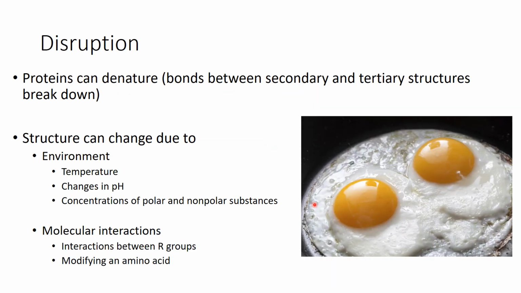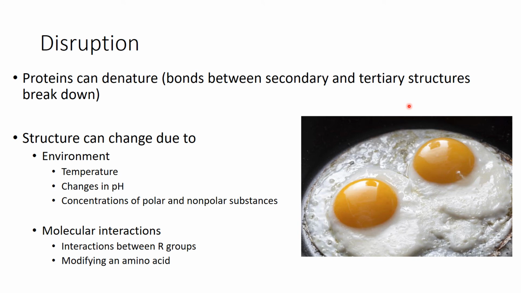Our last slide talks about what happens when the protein unfolds. When a protein unfolds, that is a process that's called denaturing. So when proteins denature, basically the secondary and tertiary structure fail. The primary structure is always going to hold tight because it's got those covalent bonds, but the secondary and tertiary structure that's held together by ionic interactions and hydrophobic and hydrophilic things and the salt bridges and the disulfide bridges, that can possibly denature.